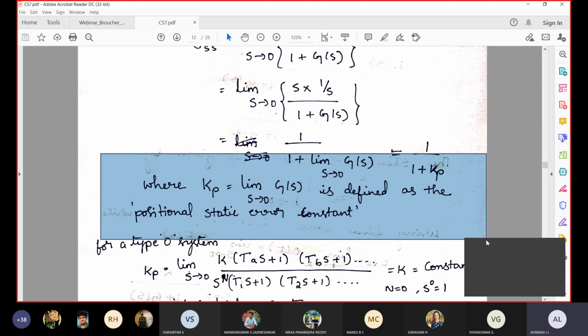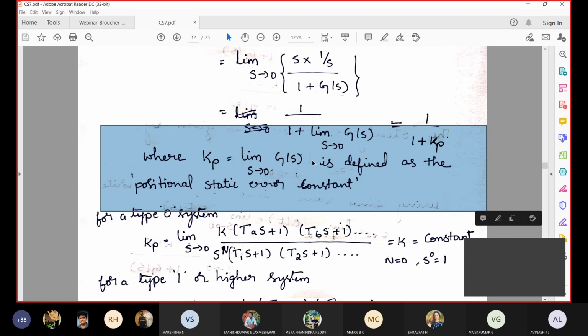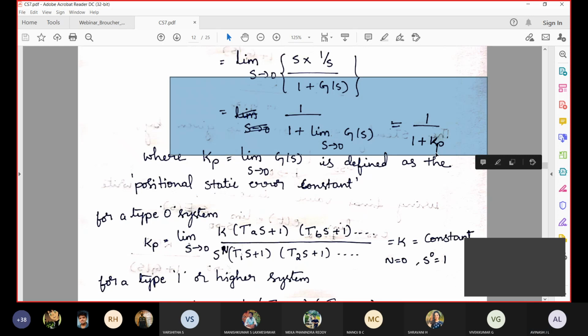First is position, next is velocity, next is acceleration. So as of now, just remember that the unit step function is related to the positional static error constant. So we are going to find Kp like this. Is it clear?